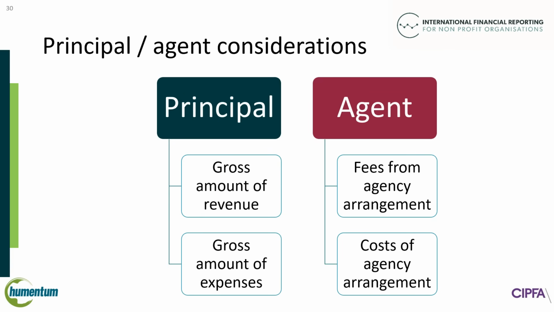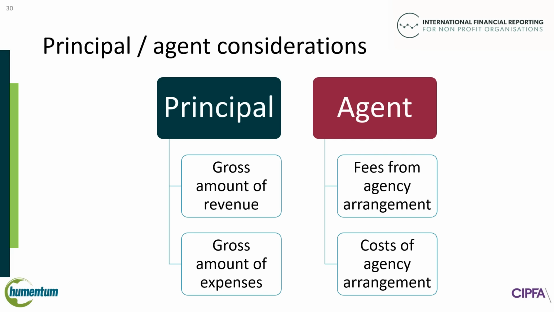Whether an NPO is acting as a principal or an agent is important to the financial statements. Where it is a principal, transactions are recognized in the financial statements. Conversely, where it is an agent, the NPO does not recognize the transactions, but rather provides information about the agency relationship. Where an NPO is a principal, it recognizes the gross amount of revenue or the gross amount of expenses.